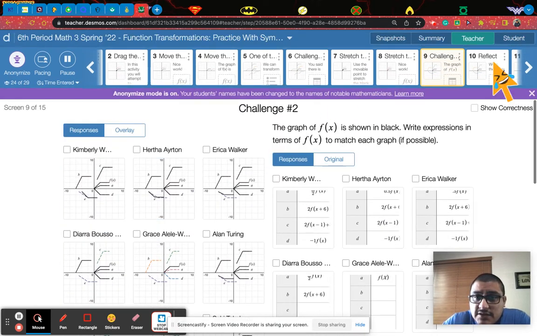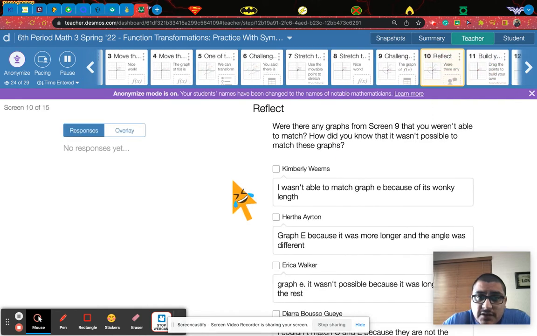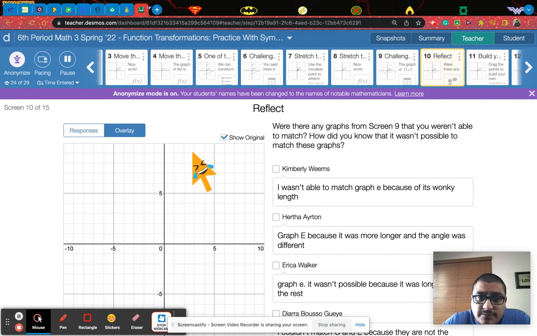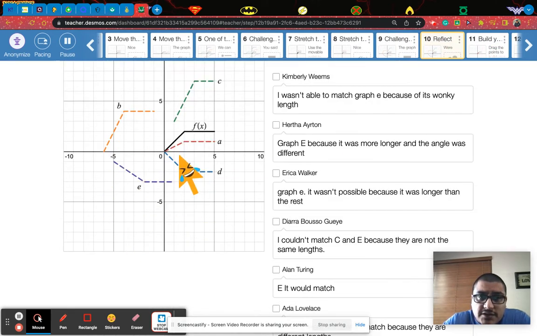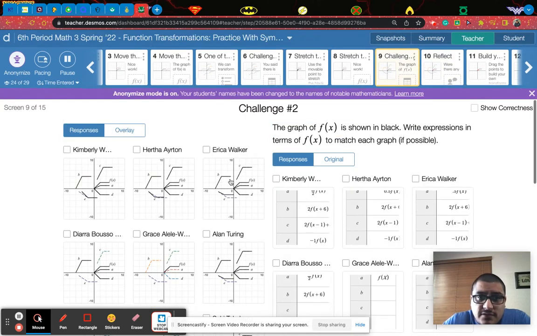So slide 10 talks about why D was not able to be matched, and it just was too wide, or it really couldn't match up perfectly. Let me show you this example here. This was pretty close.